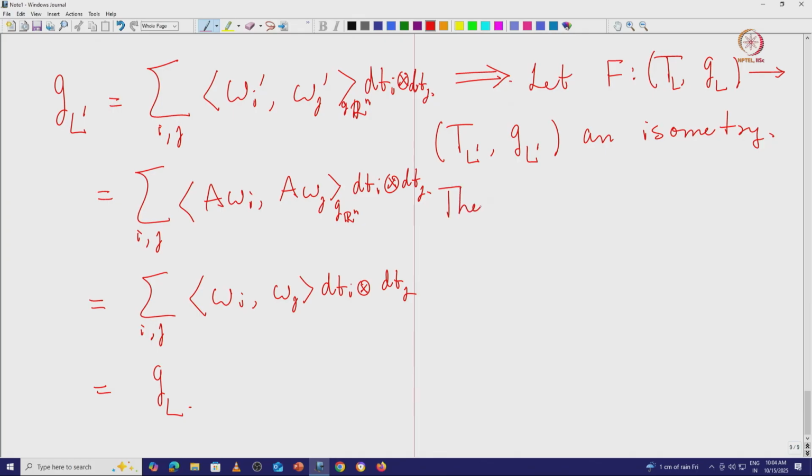So then, it's a general fact that because Rn is simply connected, it's the universal cover of these tori.